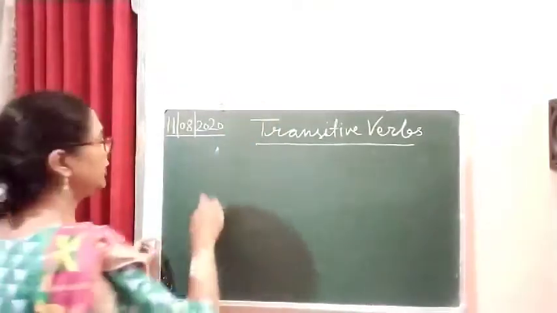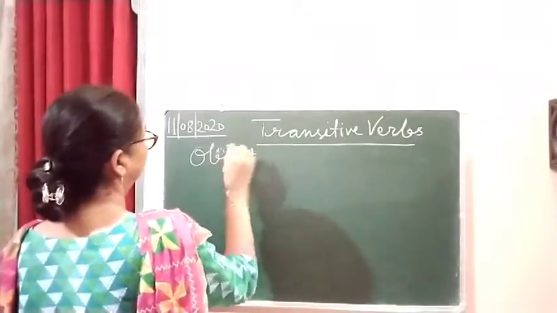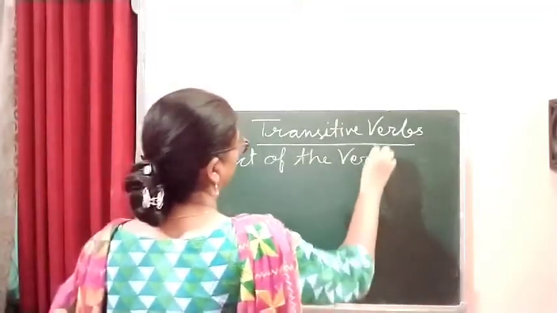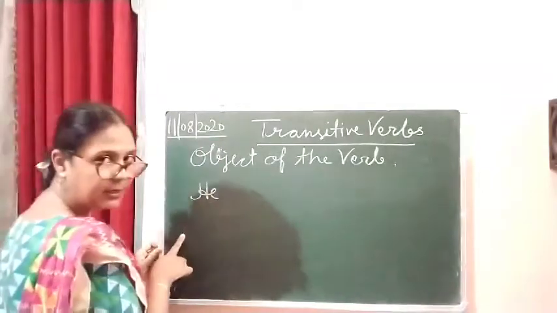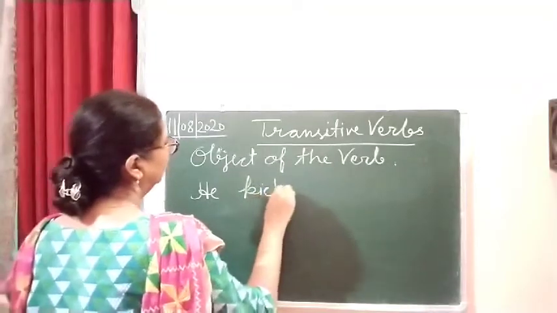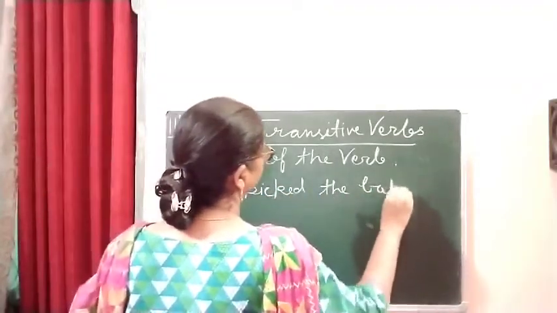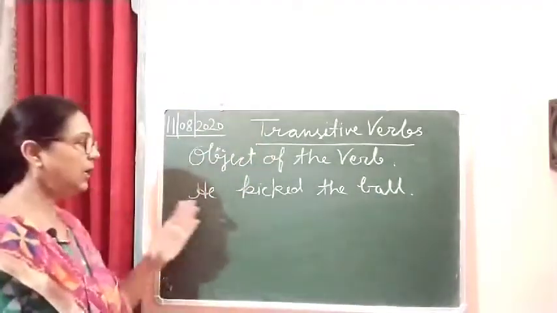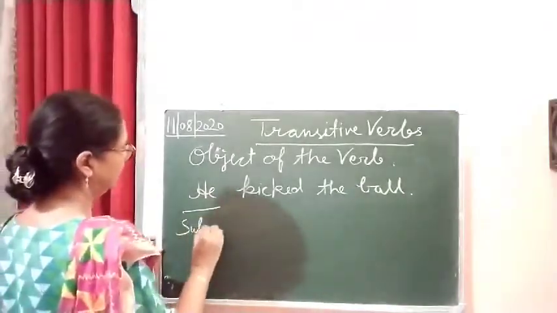Now here, object of the verb. If I write here, he kicked the ball. Here you can see, he is the subject.